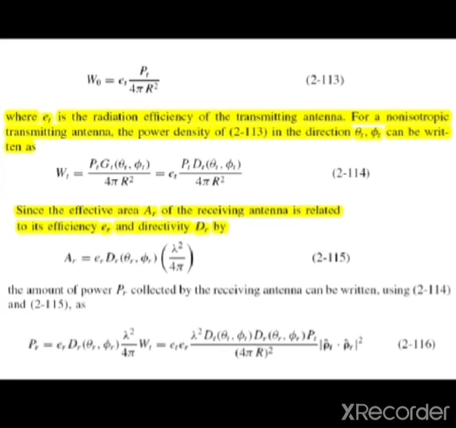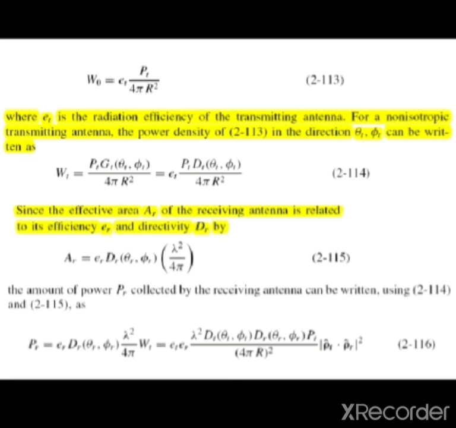Now for a non-isotropic transmitting antenna, the power density in the direction theta t and phi t can be rewritten as Wt equal to Pt into Gt of theta comma phi into 1 by 4 pi r square. Again we rewrite the equation like this: Et Pt dt of theta comma phi into 1 by 4 pi r square. Since the effective aperture area Ar of the receiving antenna is related to its efficiency Er and directivity dr, therefore Ar equal to Er into dr of theta comma phi into lambda square by 4 pi.